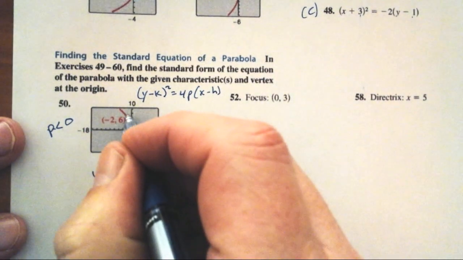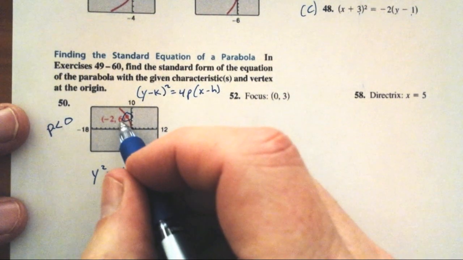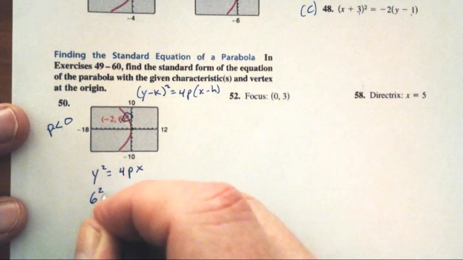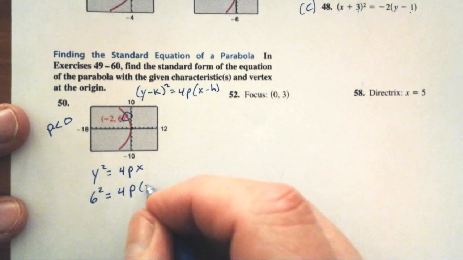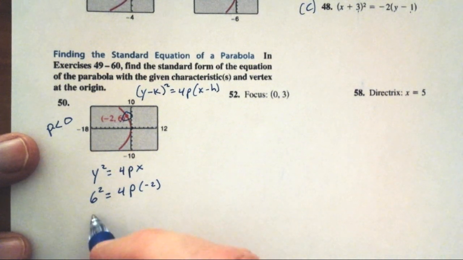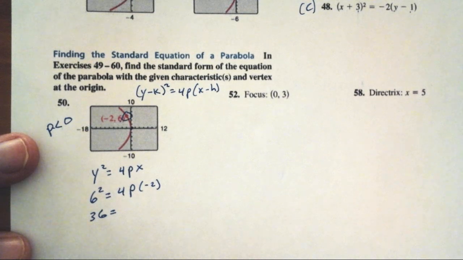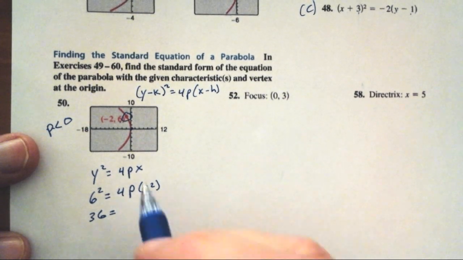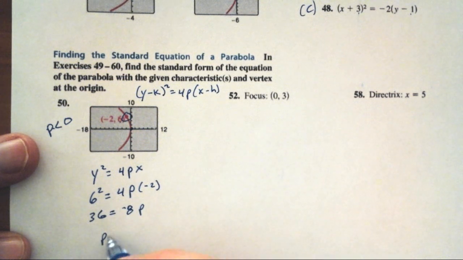Well, we have a solution point. And what else could we possibly do with that solution point than use it to put 6 in for y and negative 2 in for x? And now I can solve for p. So I get 36 equals negative 8p.